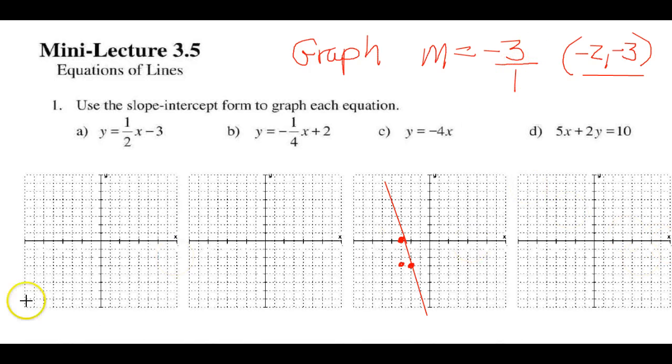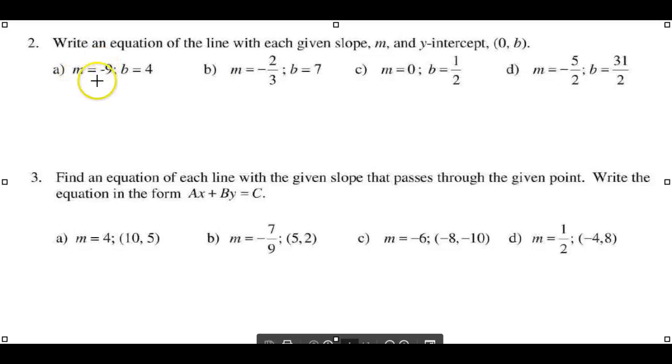Okay, let's go on. Now we get something a little easy, and then it gets a little hard. Here they're going to give us the slope, and they're going to give us the y-intercept. And they want us to write an equation. Well, y equals mx plus b is our slope-intercept form.